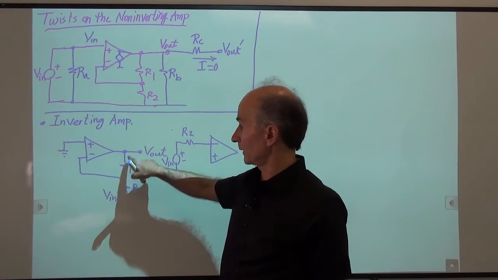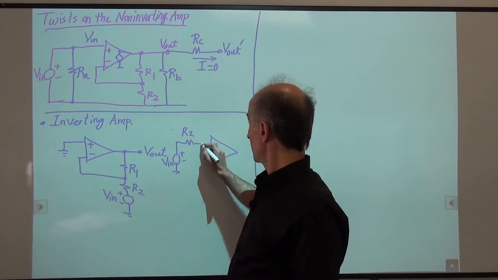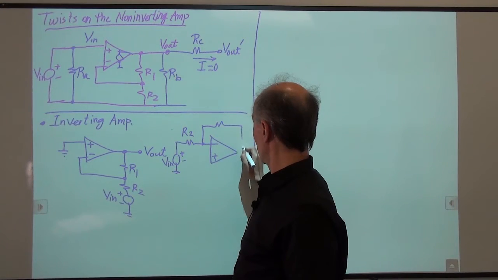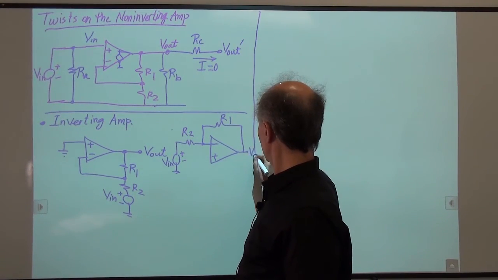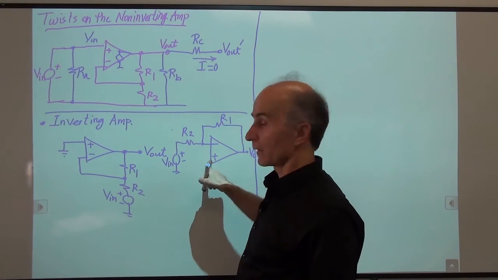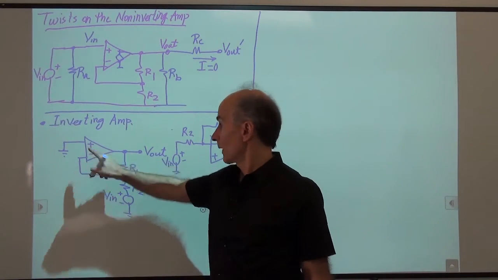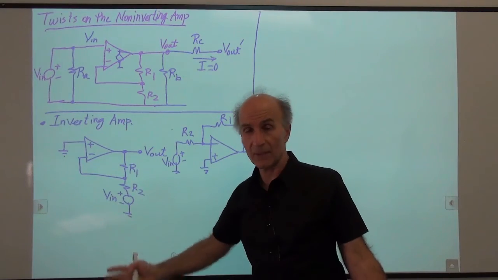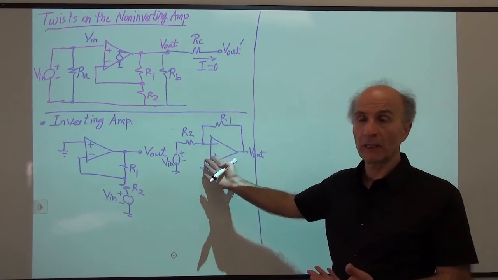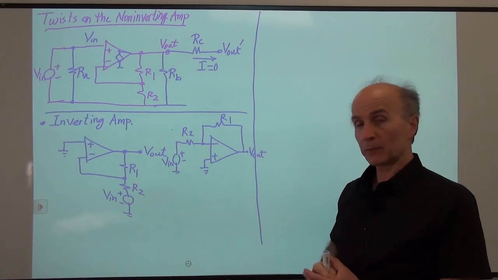And there's another resistor connected from the output to the input, R1. This is V out. And the non-inverting input is grounded, like this. So both of these are exactly the same circuit, but this drawing is much more common than that one.